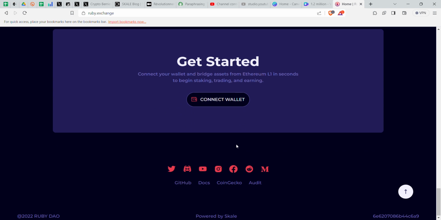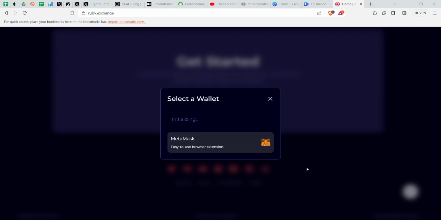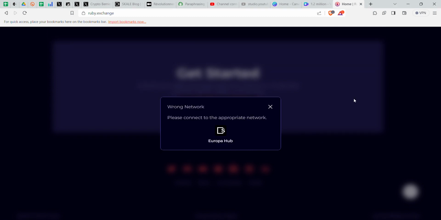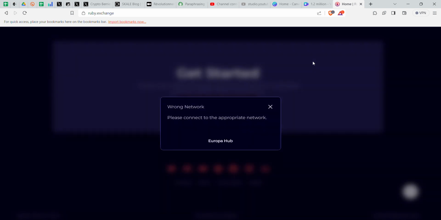So to get started on Ruby Exchange, all you have to do is to connect your wallet. So you have to be connected to Europa Hub on SKALE.